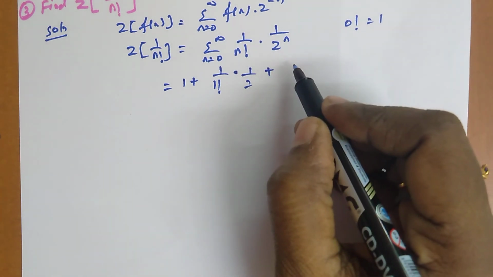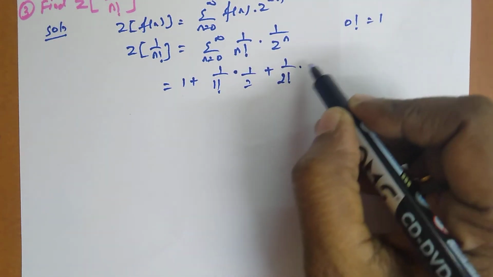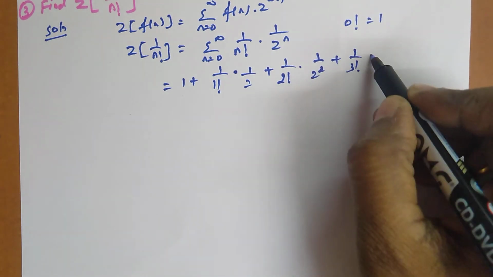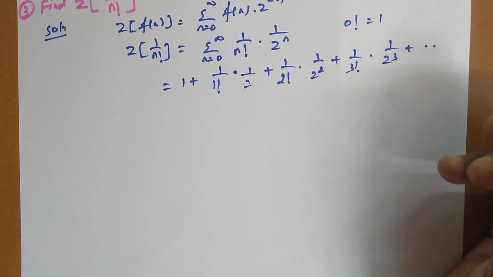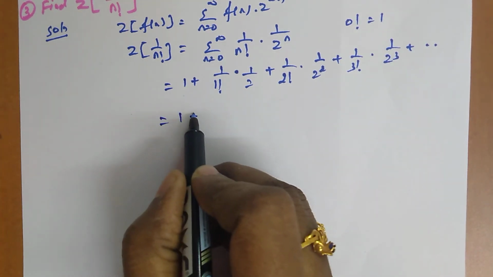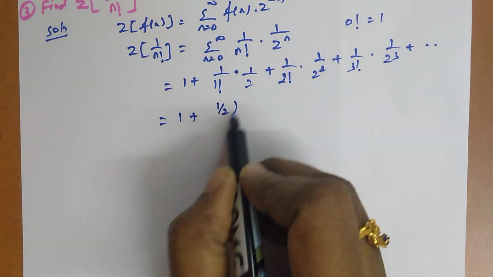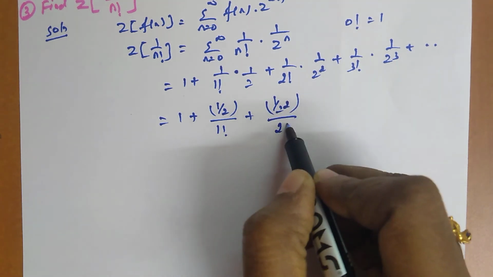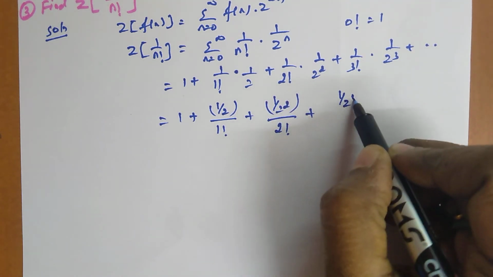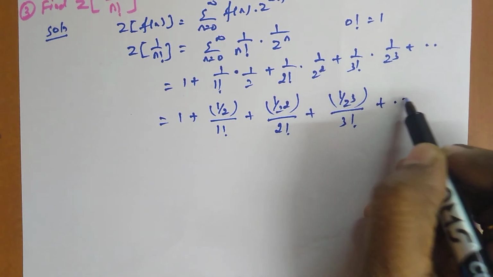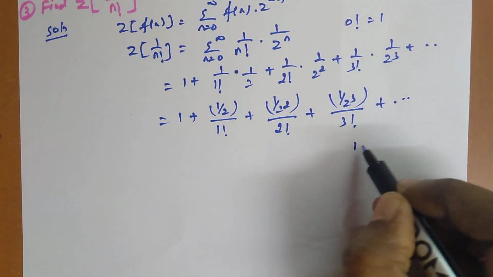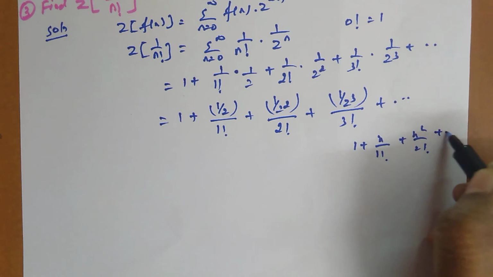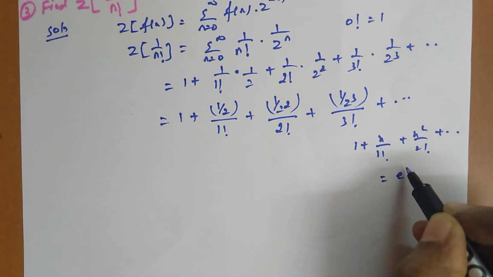Then n is equal to 2, 1 by 2 factorial into 1 by z square, plus n equal to 3, 1 by 3 factorial into 1 by z cube plus etc. Now this can be written as 1 plus 1 by z by 1 factorial plus 1 by z square by 2 factorial plus 1 by z cube by 3 factorial plus etc. Now this is of the form 1 plus x by 1 factorial plus x square by 2 factorial plus etc. This is nothing but e power x.